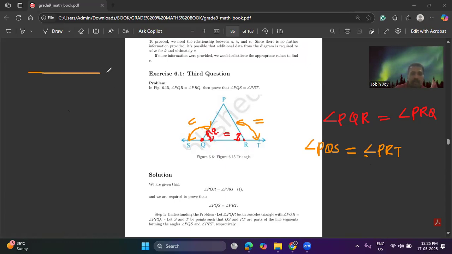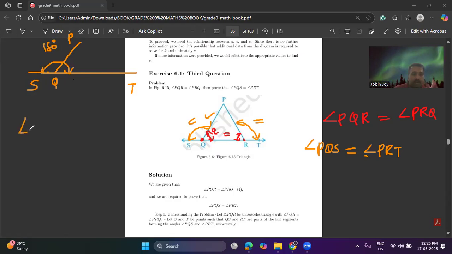First, I am taking the line ST. ST is a straight line, right? We have two arms, right? First I am taking this arm. This is Q. Okay. This is P. What is this angle? This total angle is equal to 180 degree.